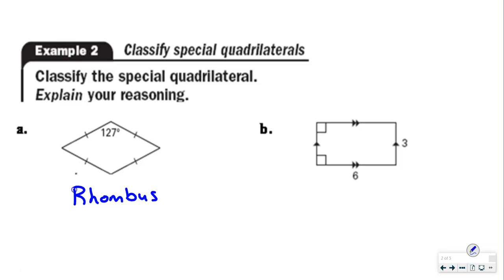So if these 2 are right angles, then the other 2 have to be right angles. So I know it's either a rectangle or a square because it's got 4 right angles. Then if I look at my side lengths, I have a side length of 3 and a side length of 6. So my sides are not all the same length, so it has to be a rectangle.